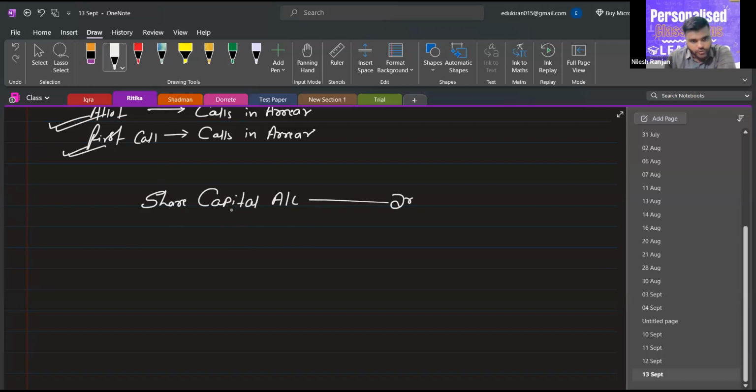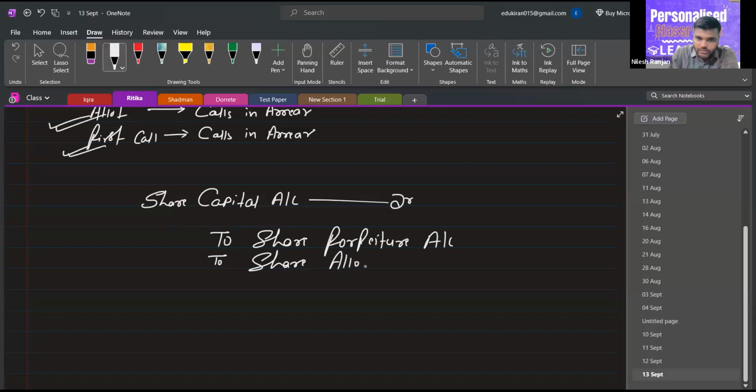So you have to remember this: share capital account debit, to share forfeiture account, and to share allotment account and to share first call.